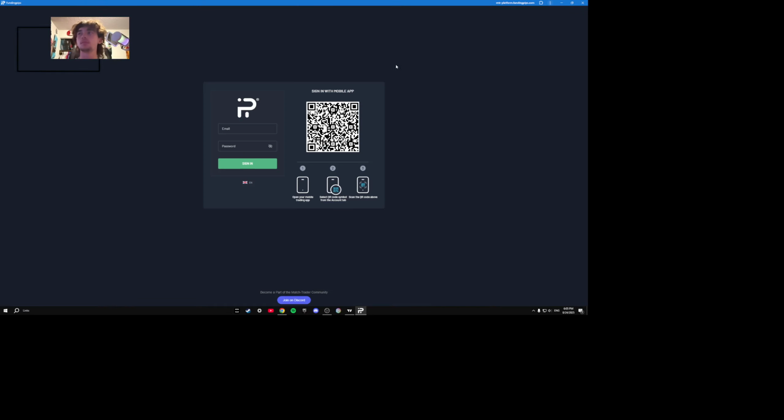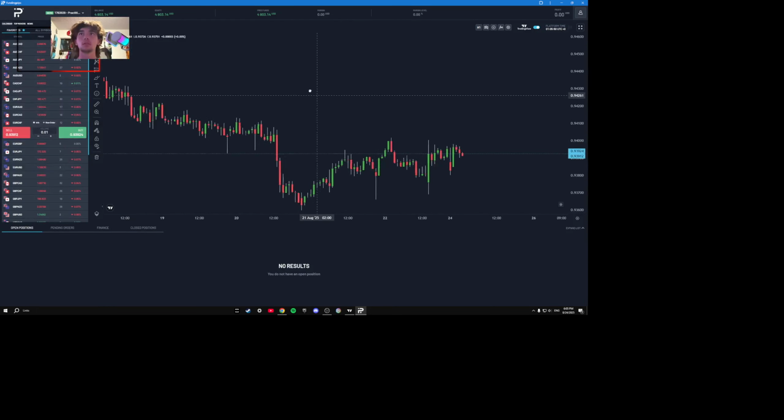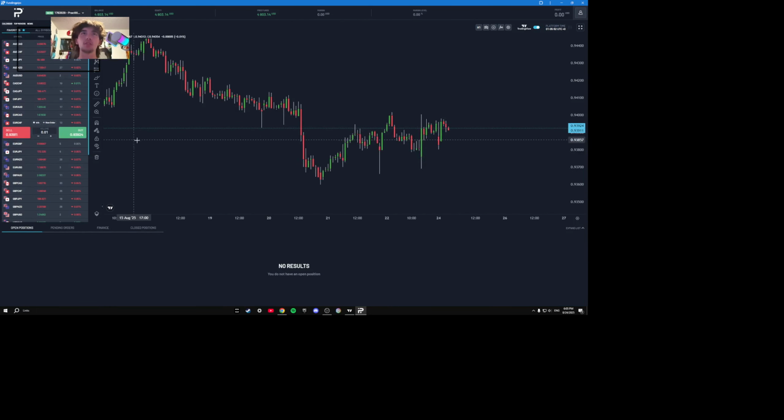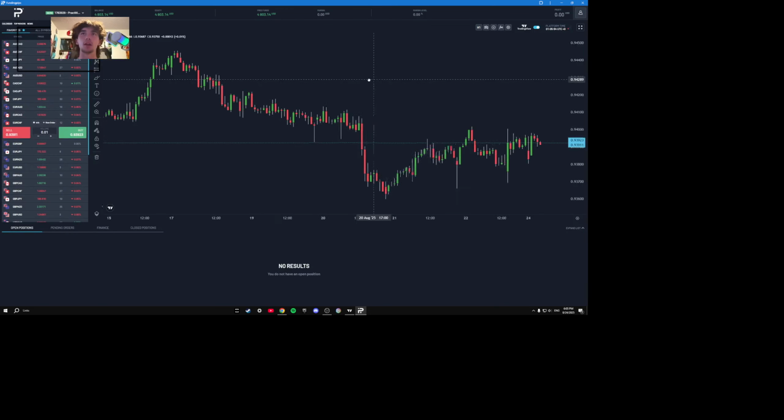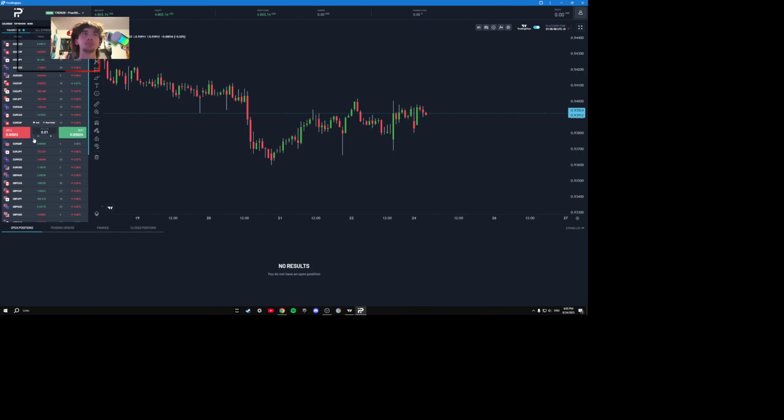Okay, here's my Match Trader. I was gonna say I was gonna risk 0.5%, but I think I'm just gonna stick with the 1% risk and then change it later.